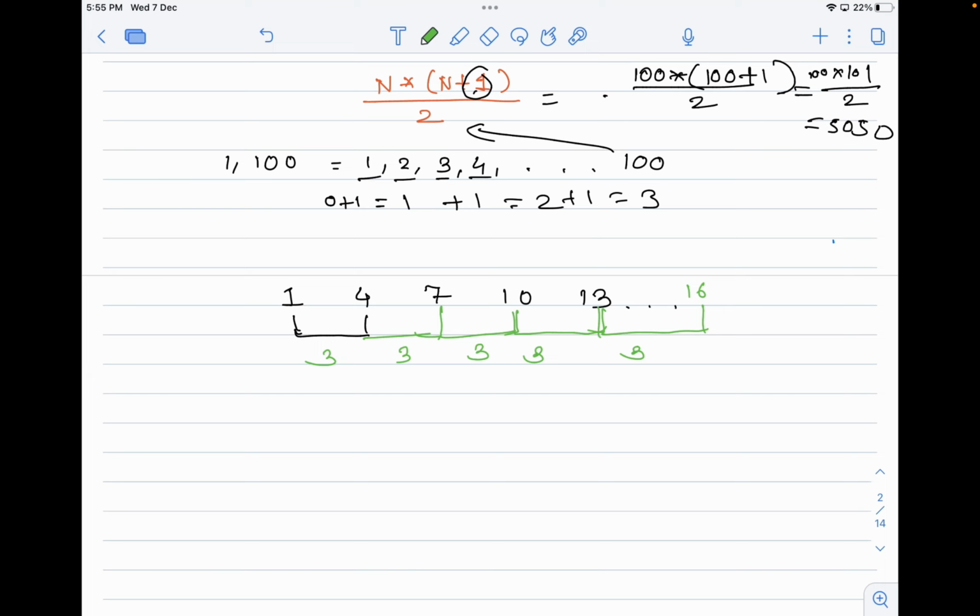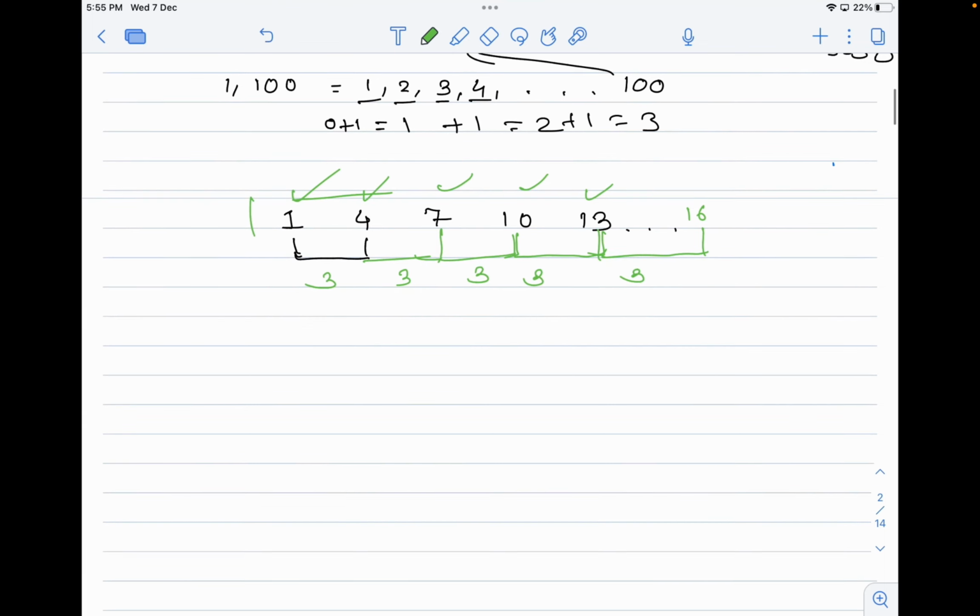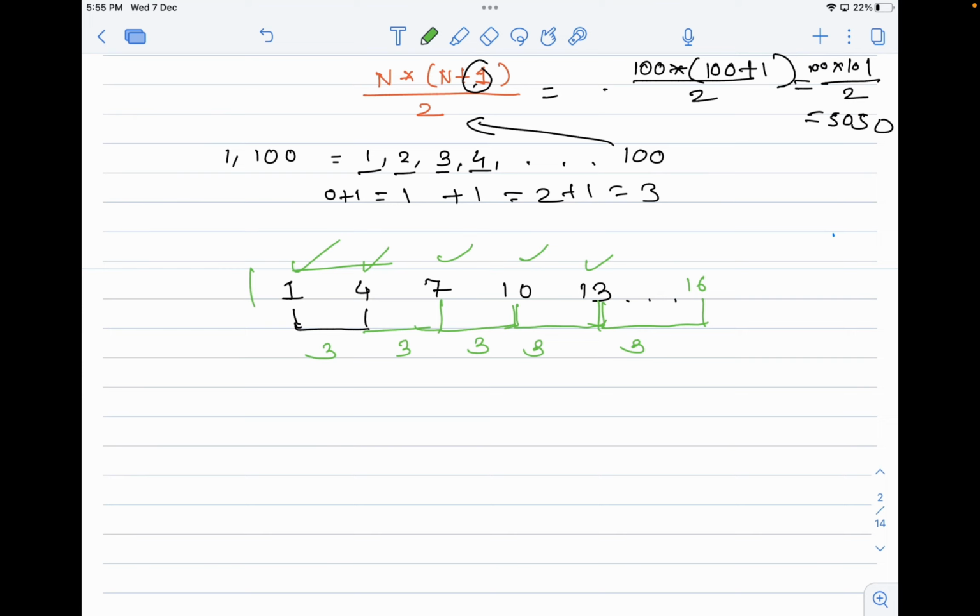If I ask you to give the sum of all these numbers, how will you find it? This does not follow the rule of natural numbers like 1 2 3 4.